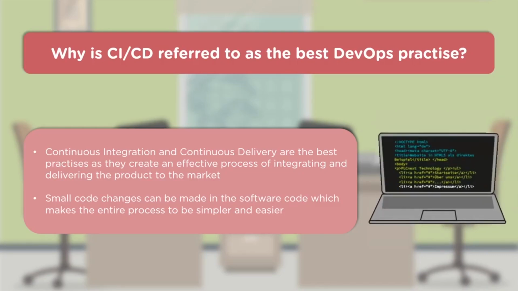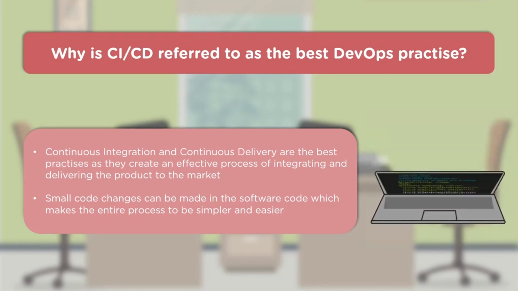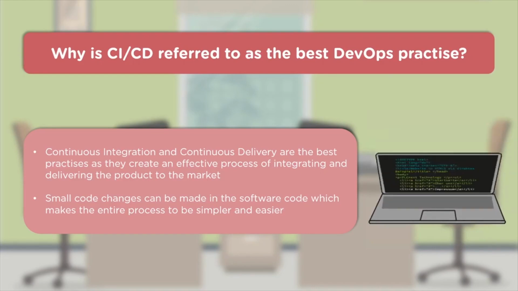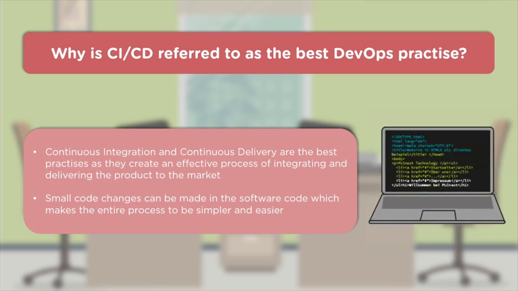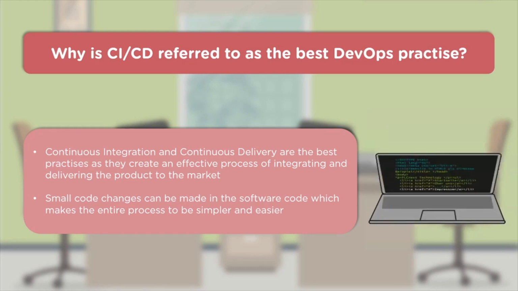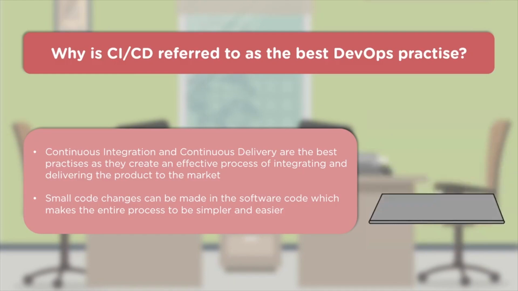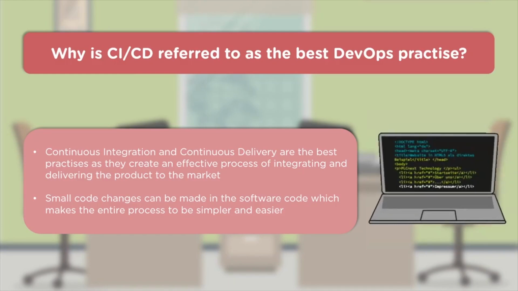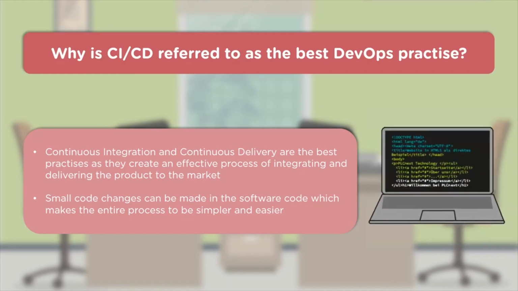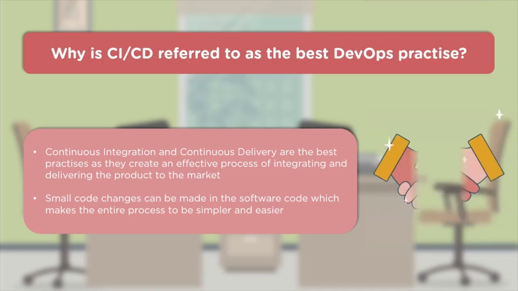Even small changes in the source code can be effectively deployed to a production environment. In a simple, straightforward and easy mechanism, the changes can go from the developer machines to the production environment. That's the biggest benefit we get, due to which we feel these two processes should be implemented into a DevOps platform.